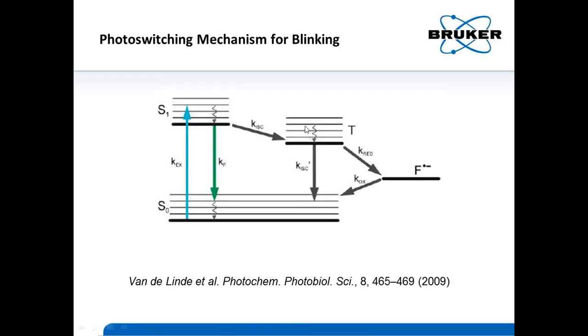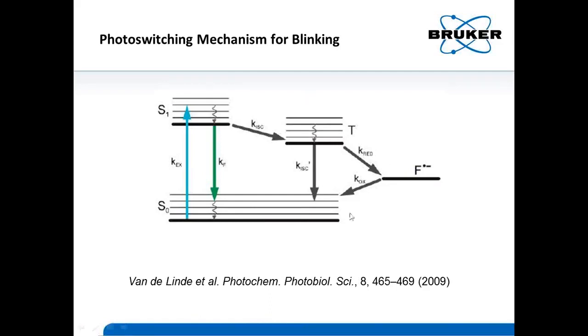So if you wanted to be able to control this blinking state even further, you can put reducing agents in the system and then create this anionic state, which is a much longer-lived state. So this is basically, the triplet state could be on the order of microseconds, whereas the long-lived state that you can induce could be as much as a few milliseconds or hundreds of milliseconds.